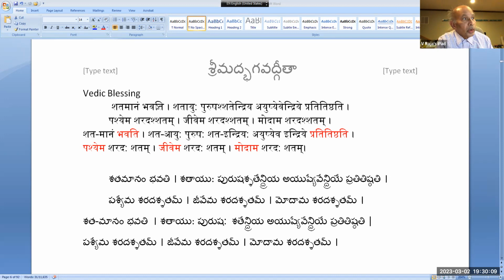And bhu, to exist, and when you look at the root, you have to know a bunch of properties. What group of the 10 groups it belongs to, and in what meaning it is used.